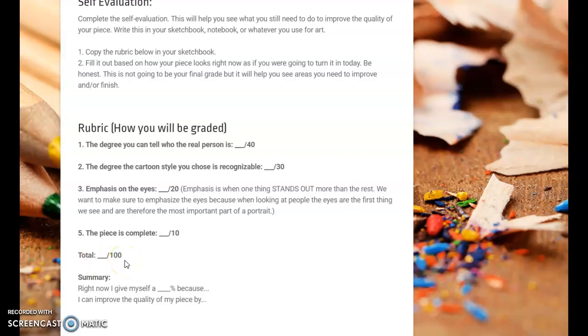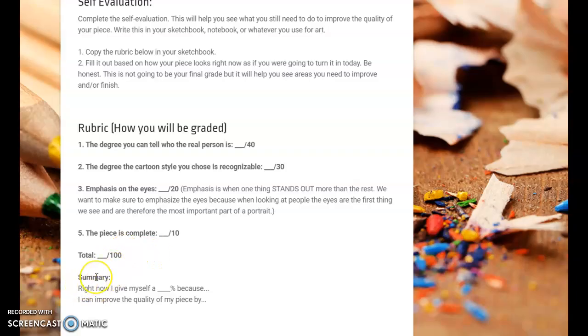Good. Raise your hand if your piece is in the 80 range. Awesome. Anyone in the 90 range? That would mean you have to be complete. Okay. Anyone at 100? If you think you are, make sure you look back over.